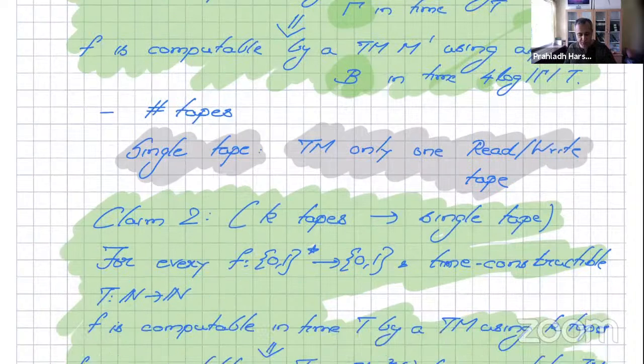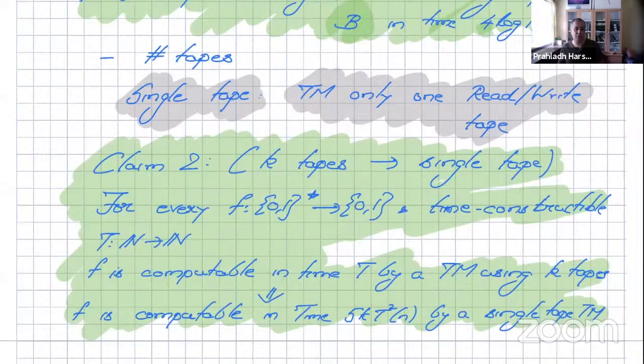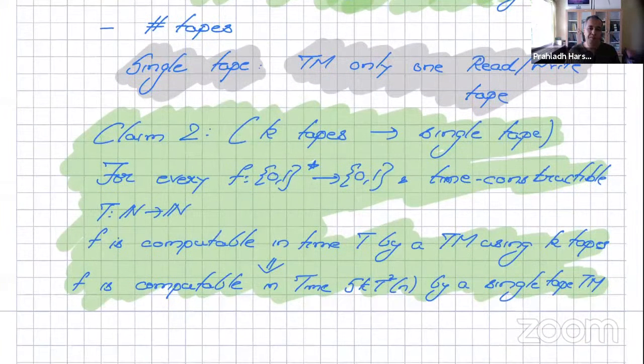And the second claim towards the end of last lecture is the following. If a function is computable by a Turing machine M using k tapes in time T, where T is once again a time constructible function, then there's another Turing machine M prime which computes the same function, but it's a single tape Turing machine.